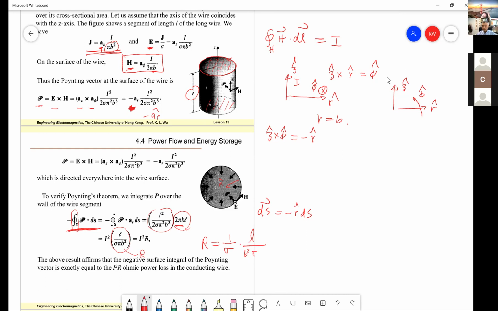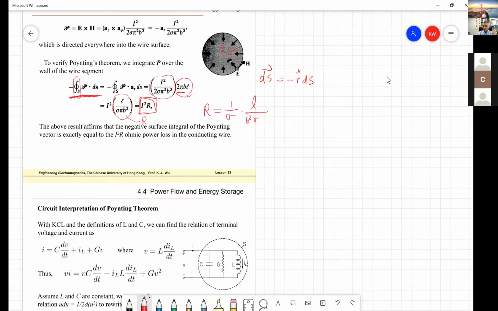So this is the total resistance, and it equals exactly what we expect. Because the energy doesn't change with time, no energy goes out of the surface, and it is all consumed by the third term of the Poynting theorem, the resistance loss. So the energy is balanced.